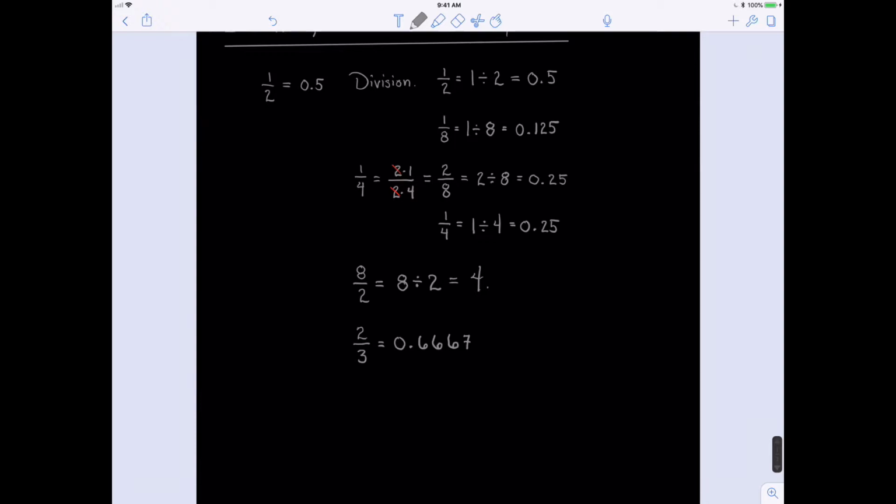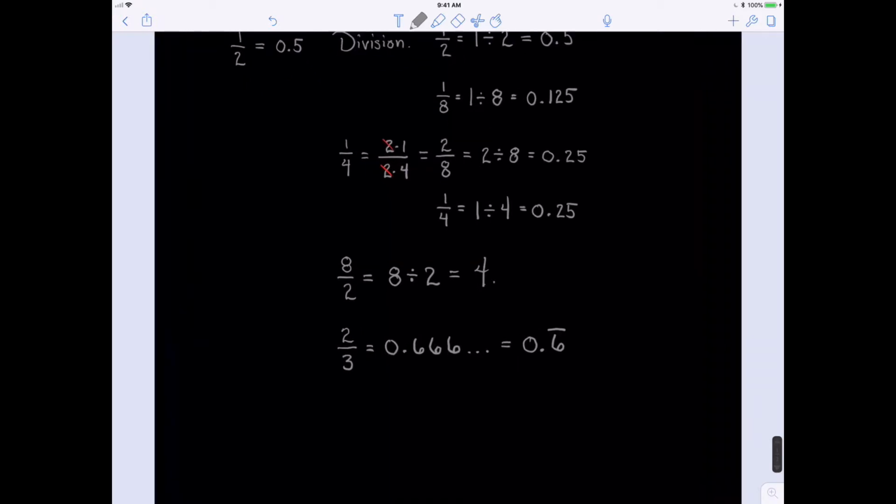Well, we're going to come back to this in a moment, but since the 6's go on forever, instead of writing that last 7, and we really don't even have to write all those 6's, you could just write dot dot dot, or you can use the notation 0.6 with a bar over it, and that means that the 6 goes on forever in that pattern.